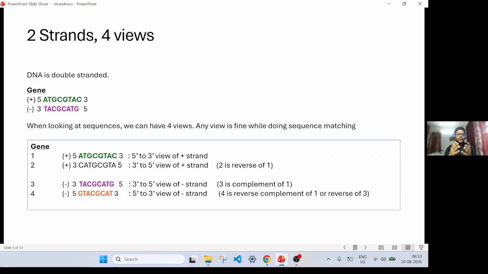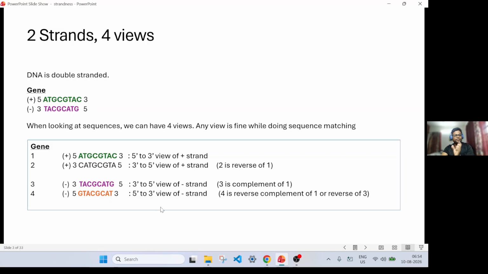You might be wondering why four views are needed. When we do the matching, we have R1 and R2, and when we try to align with the strand, we compare against any of these four views. Your read may map to this view or this view. Irrespective of whether it matches this or this, you say that it is matched with the plus strand.